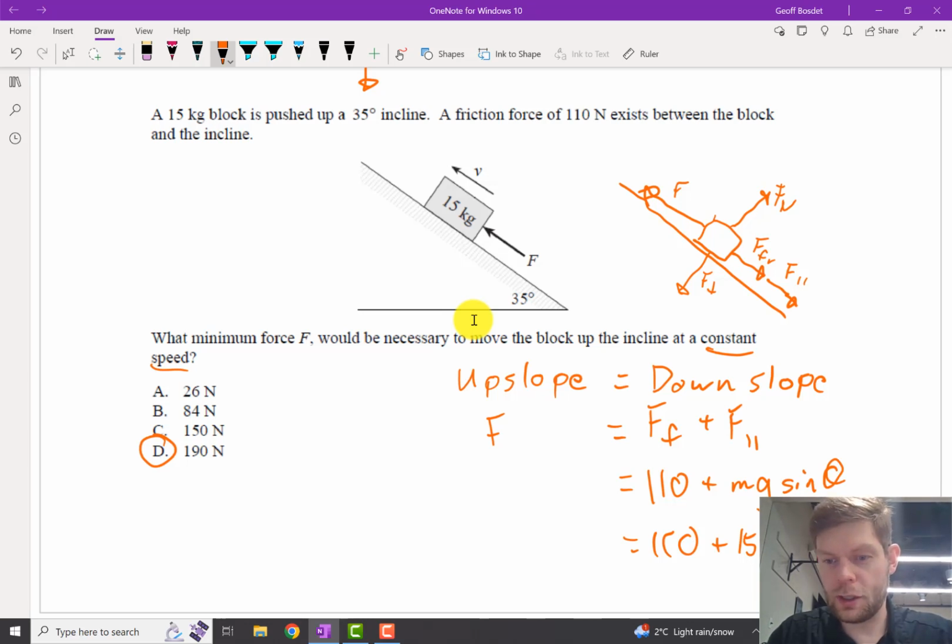If you're wondering why F parallel is equal to mg sine theta, here's gravity, mg, and we just want to break it into a component straight into the slope, our F perpendicular, and a component straight down. If this is 35, that has to add with this one to equal 90.